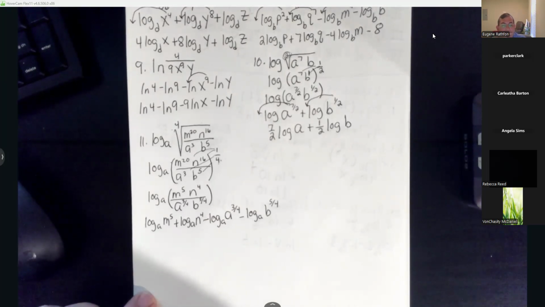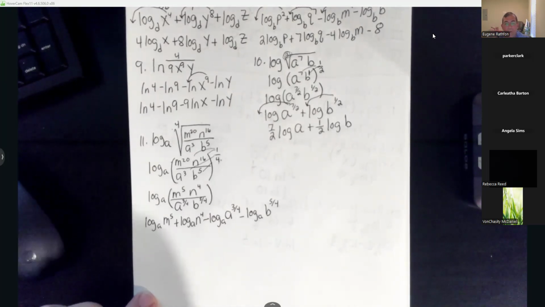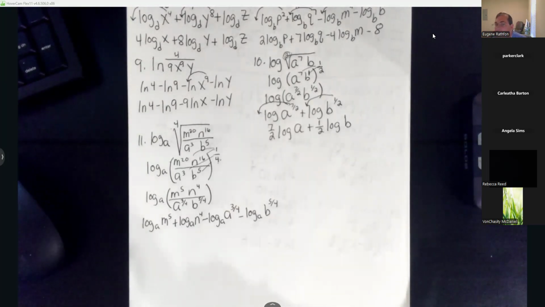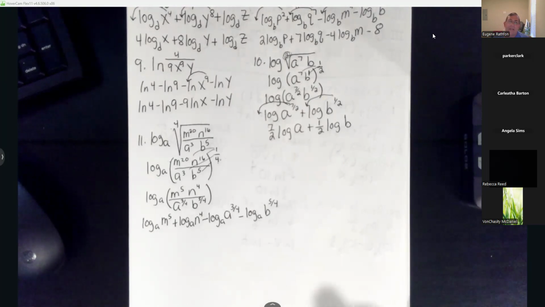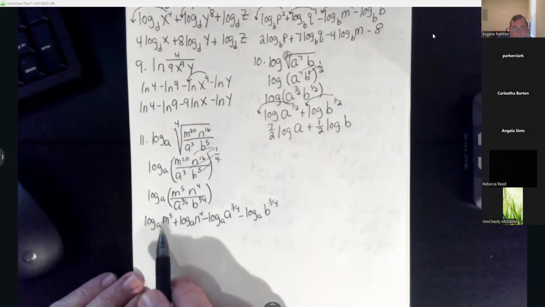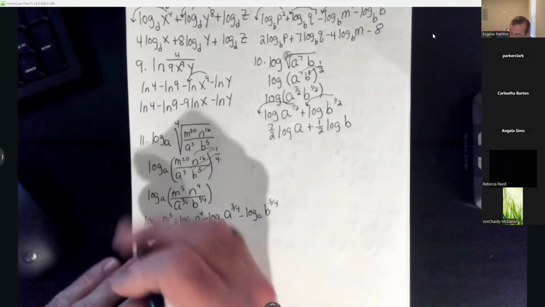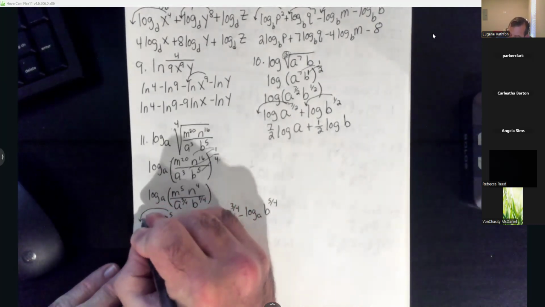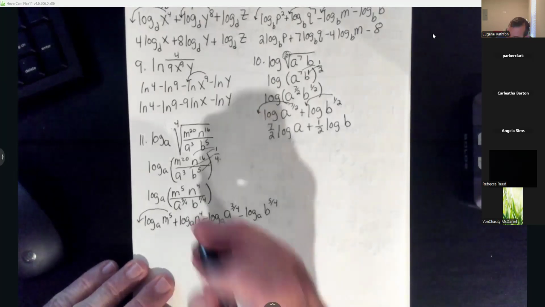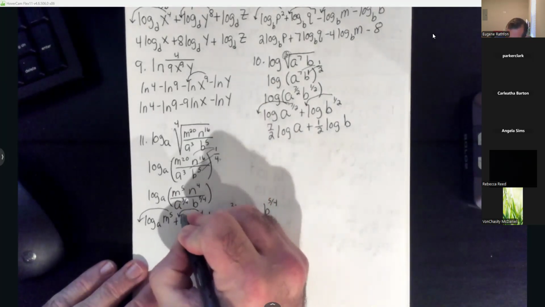So we're going to bring exponents down to the front. But y'all, one of these is going to be a little bit different than the other three. So for the first term, we're going to bring the 5 down for sure. The second term here, I'm going to bring the 4 down for sure.